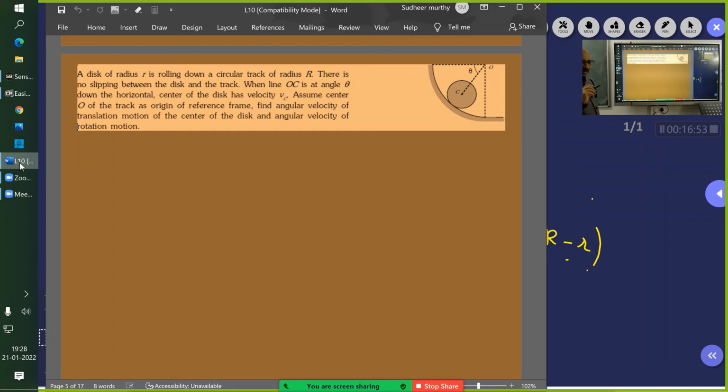The radius of the disk is given, and the radius of the arc in which it is traveling is also given: small r, capital R. And they have asked us to find Vc and the omega of the disk. So these are the only 4 variables, and it should not be difficult for us to keep them in our head and handle it.